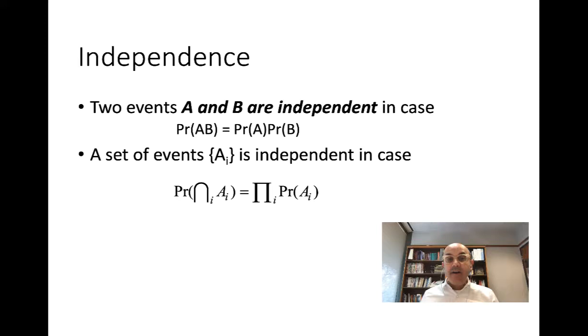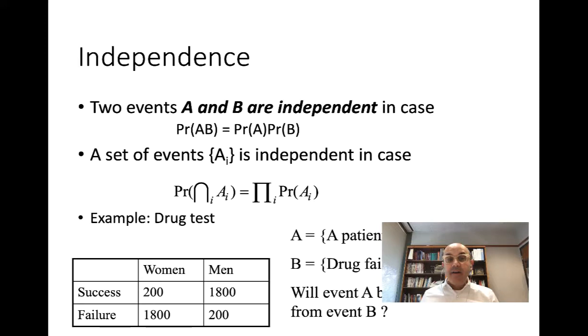A set of events is independent in this case, and this is the formula for that. So in this case, a drug test: A is the patient is a woman, and B is drug false. So again, woman success, men success, failure, and failure.